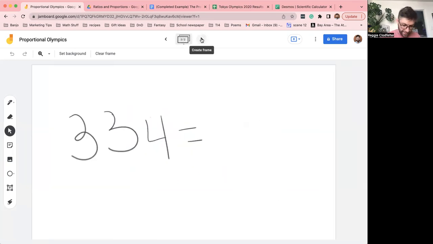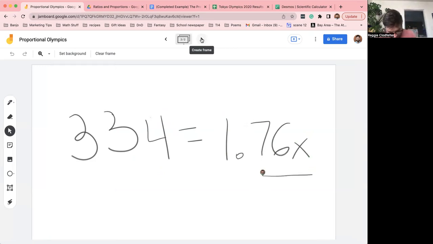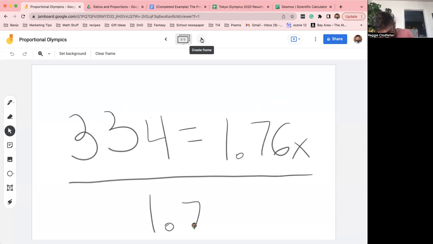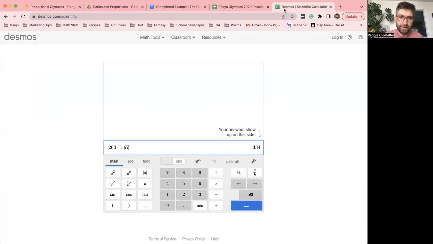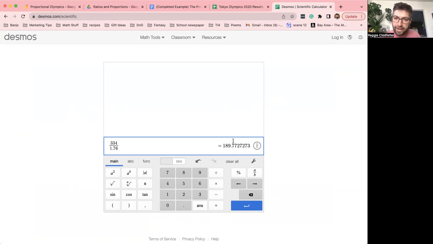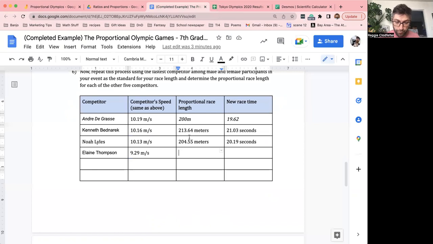So that is, as of now, just 1.76X, which means 1.76 multiplied by X. To figure out what X is, we divide everything by 1.76. So I take 334 and divide it by 1.76, and I get 189.77. I'm going to round to the nearest 100th, 2 decimal places.